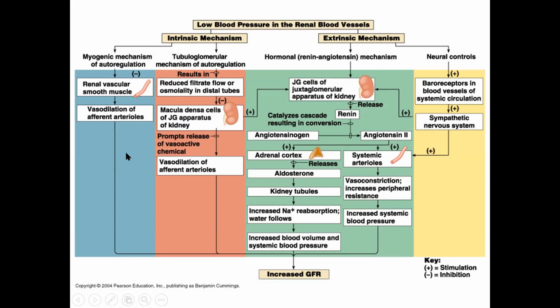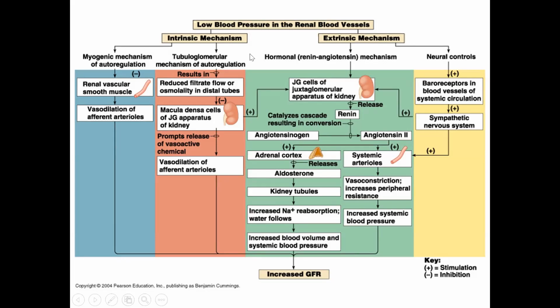Then the macula densa cells will promote the release of vasoactive materials to change the diameter of the afferent arterioles.